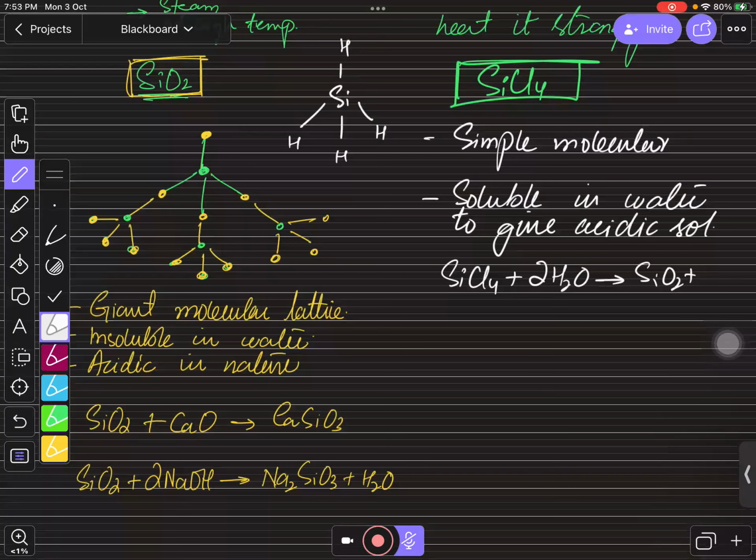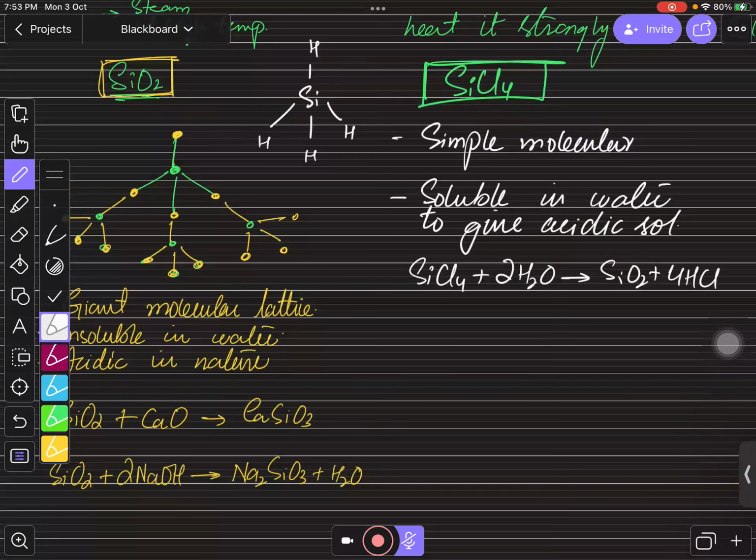That is why it is giving you acidic pH, right? Or you can say white fumes of HCl. You need to remember that whenever you talk about fumes of HCl, they are steamy fumes. So steamy fumes of HCl form in this reaction. This is also one of the very, very important reactions to remember. Okay, bacho, is that clear about silicon?